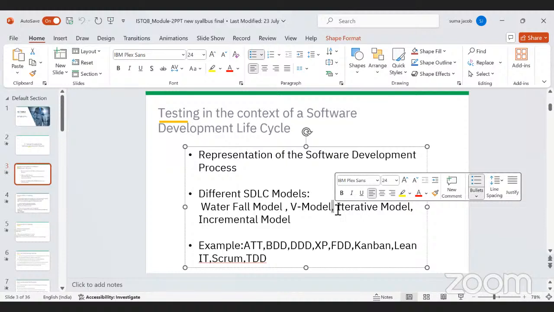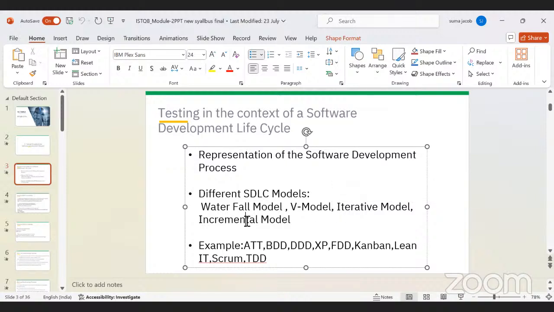The sequential development model and the iterative development model are similar to that. In waterfall or the sequential development model, it is very difficult to make changes in between. Whereas in the iterative model, since after every iteration we are getting feedback, changes can be made.